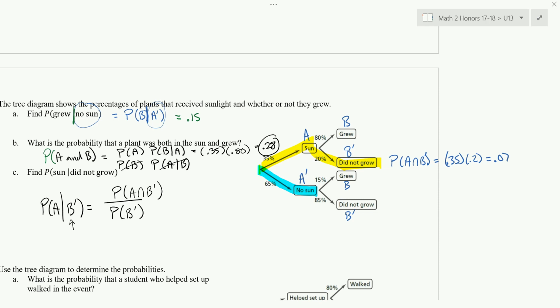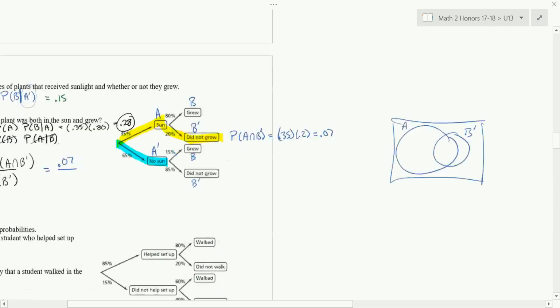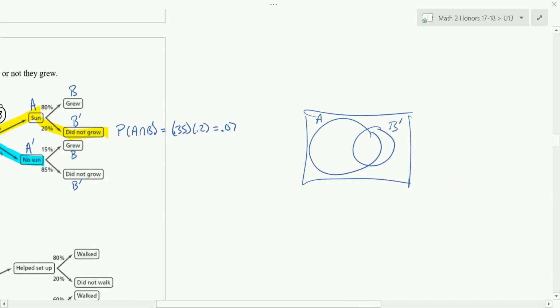Okay. So then, we got the top part, 0.07. But the bottom part, there's that probability of B prime. And it's not so obvious, right? Did not grow. And so here's the idea. If I drew a circle that represents B prime, and here's a circle that represents A, B prime's made of 2 parts. How would I define those 2 parts?